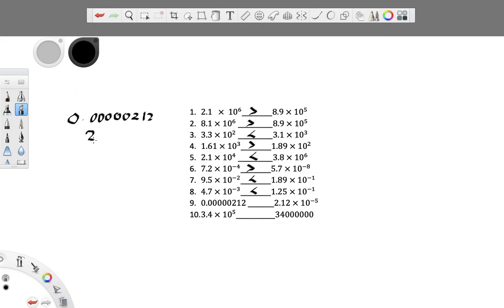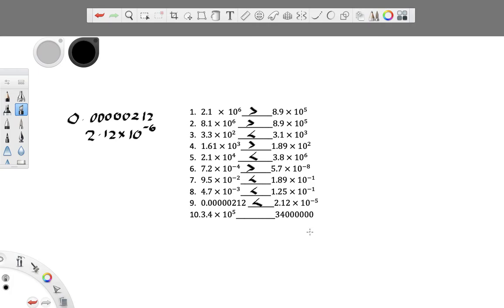So 2.12 times 10 to the minus 6. Then, is 2.12 times 10 to the minus 6 smaller or larger than 2.12 times 10 to the minus 5? Minus 5 is the less negative number, so 2.12 times 10 to the minus 5 is the bigger number.